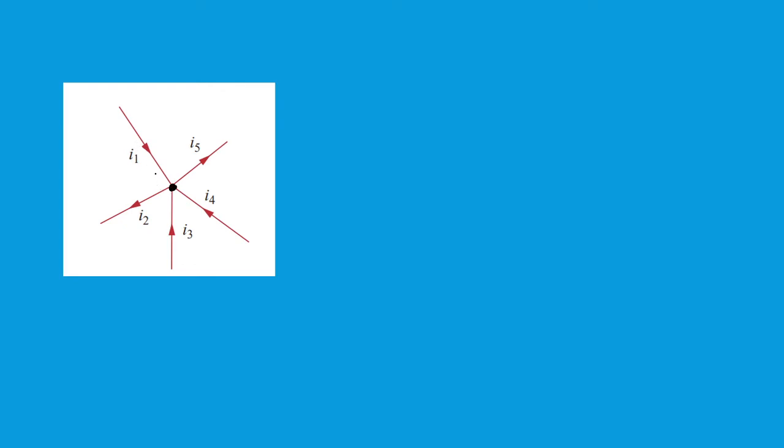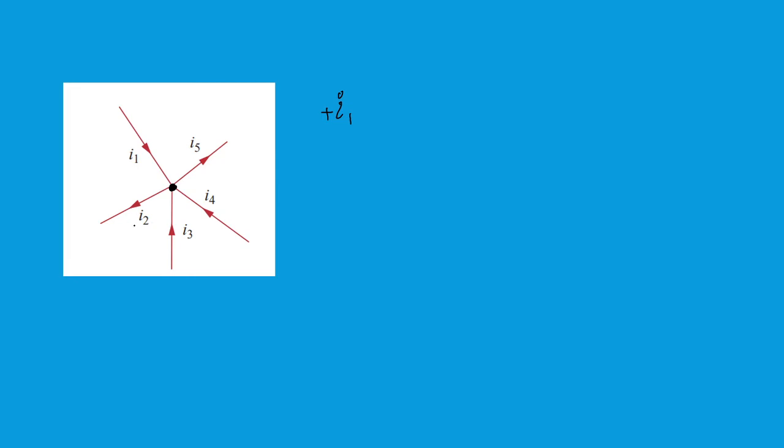You can see how many currents are coming and how many currents are leaving. By convention, we always consider the incoming current as a positive current and the outgoing current as a negative current. Now we'll start from this. Is the current I1 incoming or outgoing? It is incoming to the node, so consider it as positive I1.